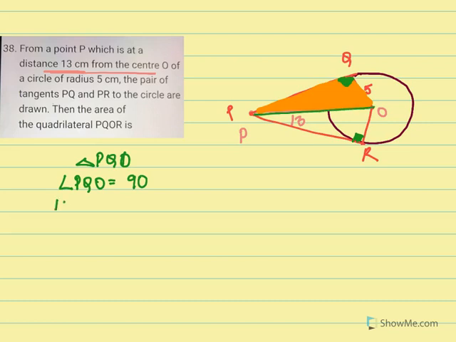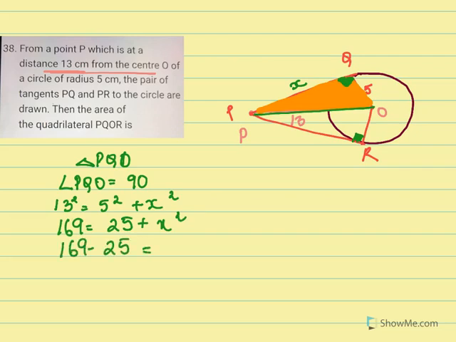So I have 13 square equal to 5 square plus x square, as I don't know PQ. So you have 169 equal to 25 plus x square. 169 minus 25 equal to x square, and you'll get your x as 12. So I'll put my x here, equal to 12.